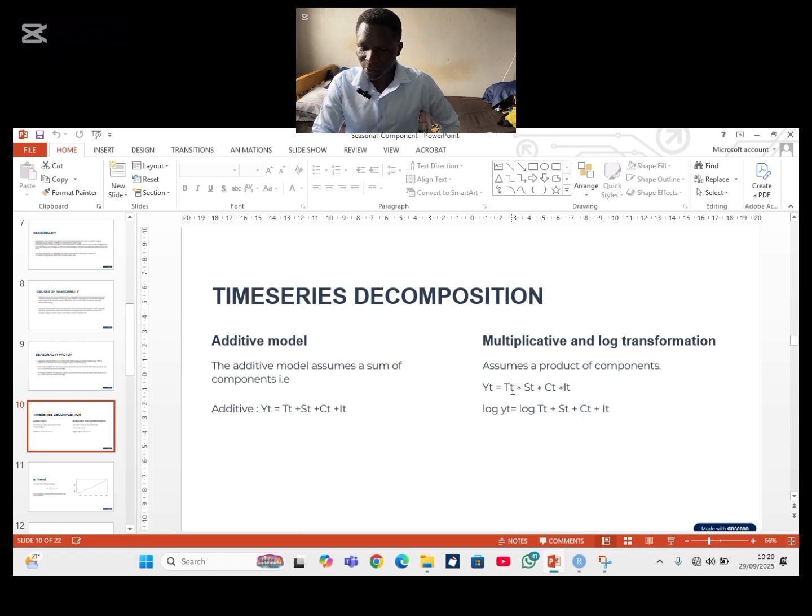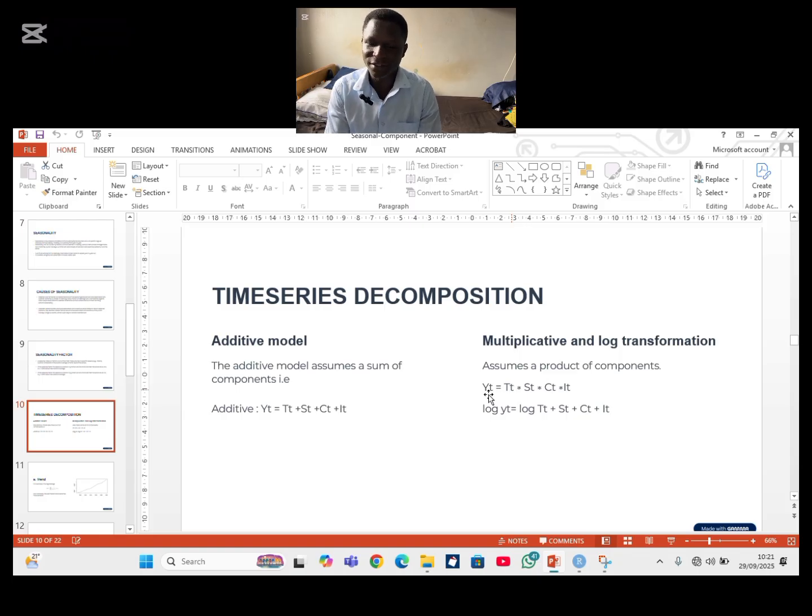Why is this important? This is important because yes, you might have seasonality, but you want to identify which other components my series has. So you find a way of removing the seasonality from the series and you remain with your trend.